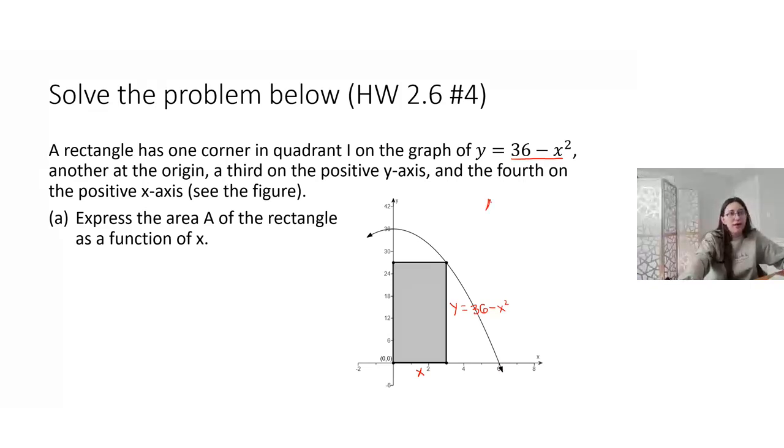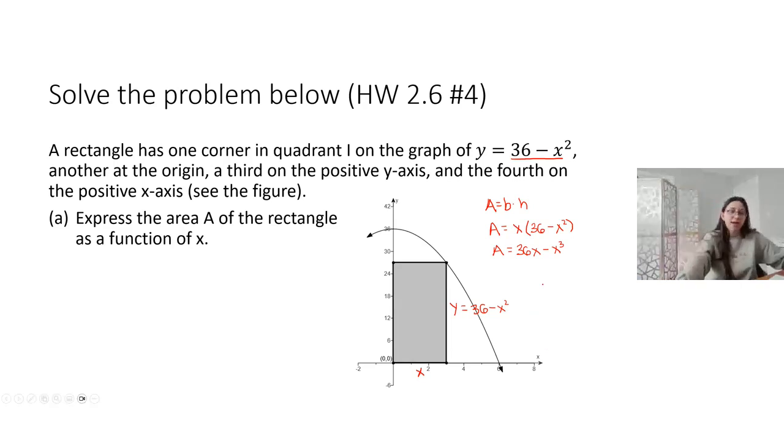So if area equals base times height, the area of this rectangle in terms of x is x times 36 minus x squared. We could also multiply this out and say our area is 36x minus x cubed. Okay.